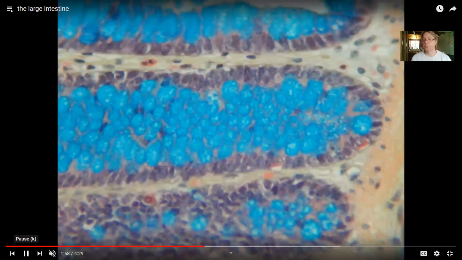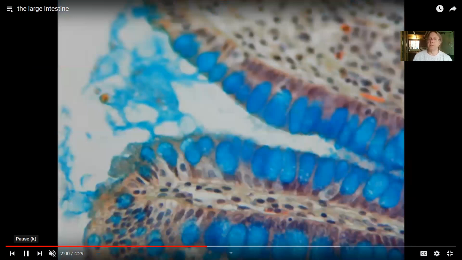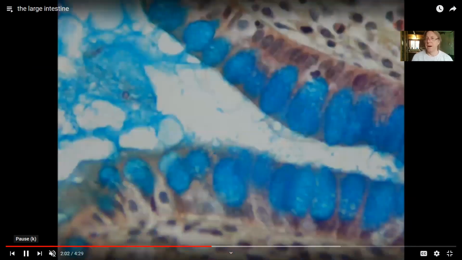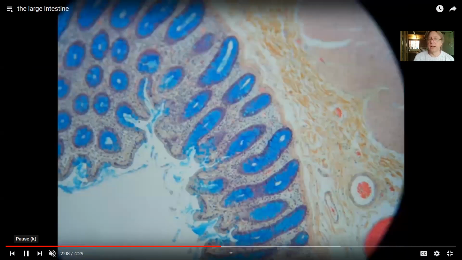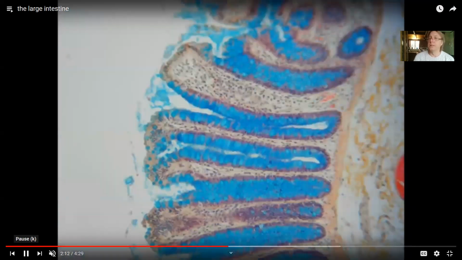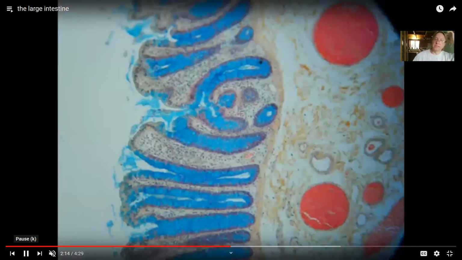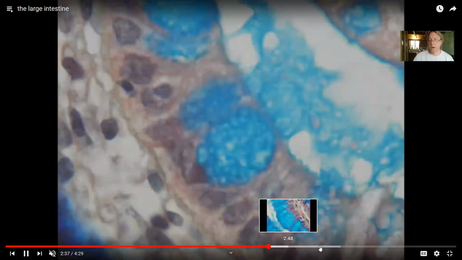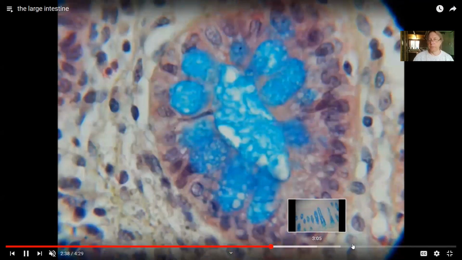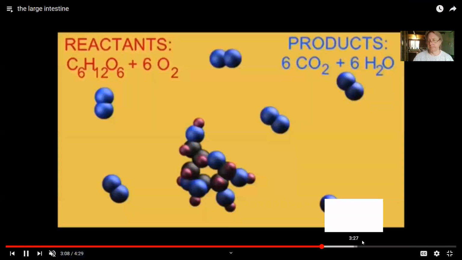About 9/10 of that is reabsorbed. But then as the material becomes drier, having it pass would be more difficult. And so the cells lining the large intestine include many goblet cells which make mucus. And then this mucus helps the passage of the material from the large intestine.